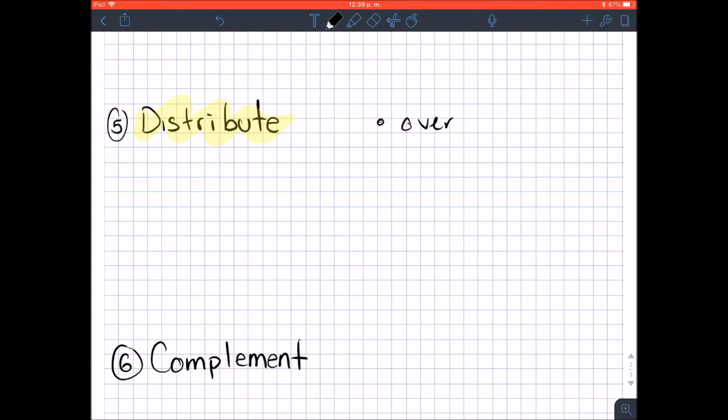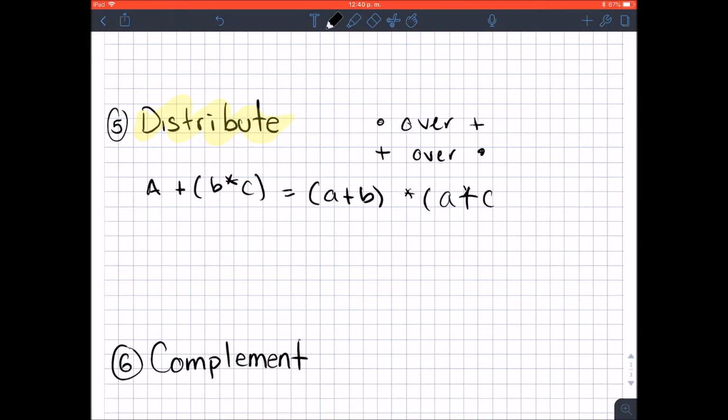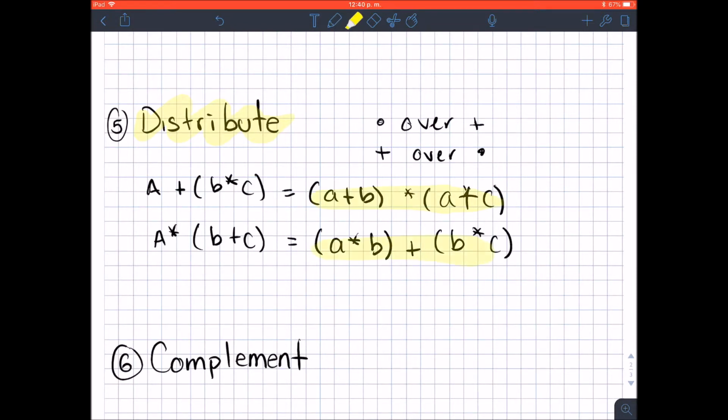It says that if we have an element A in addition to the result of the multiplication of another 2 elements B and C, we can rewrite it as the product of 2 additions, A plus B and A plus C. And the multiplication of an element A by the result of the addition of the elements B and C is the same as the addition of the results of the multiplication of the element A by each one of the other elements.